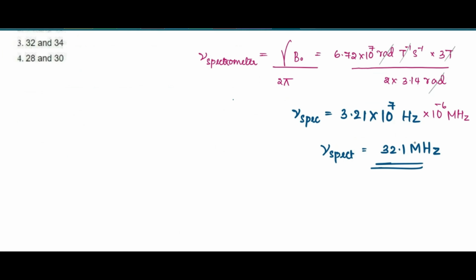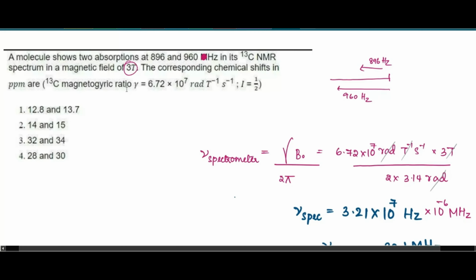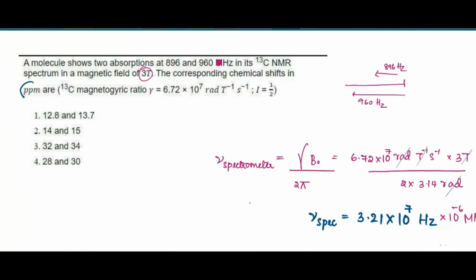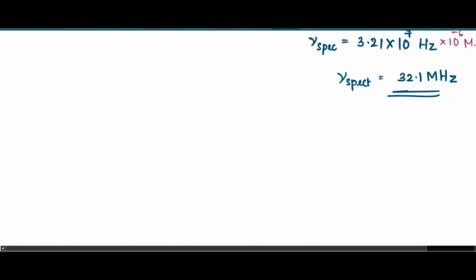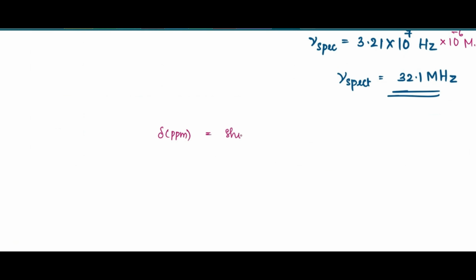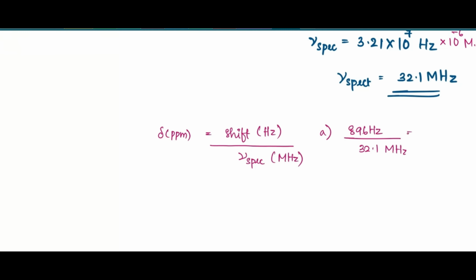Okay. What have they asked us to find? They asked us to find the shift in ppm. Here they have given it in hertz. So to find ppm, you call it delta. Delta in ppm is the shift in hertz divided by the frequency of the spectrophotometer in megahertz. First, they have given 896, it should be 896 hertz. There is a mistake in the question. 896 divided by 32.1 megahertz, and you will get the answer in ppm.